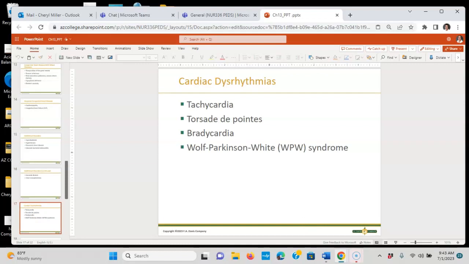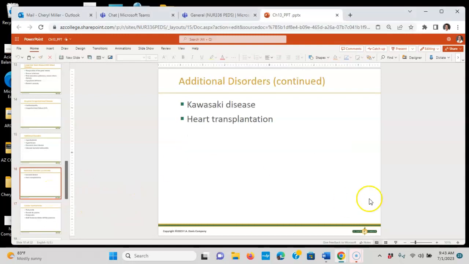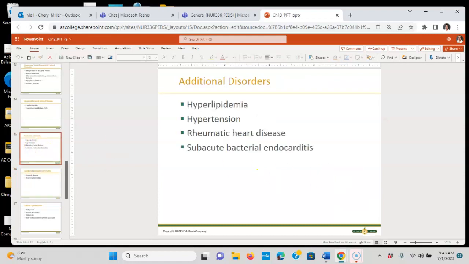So cardiac dysrhythmias, the dysrhythmias that you're going to see in kids, hold on, let's go back up here. One slide here. Hold on. Let's go back up here.